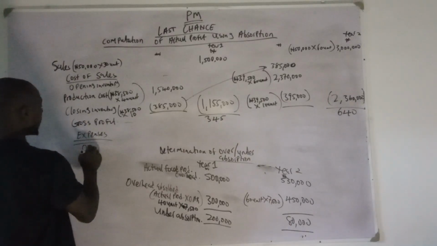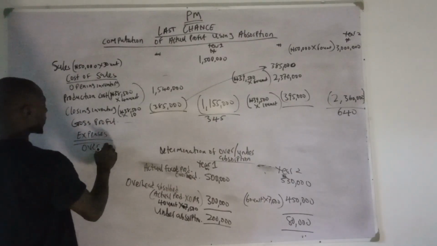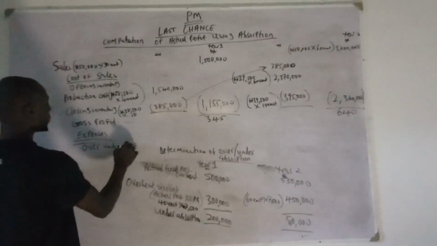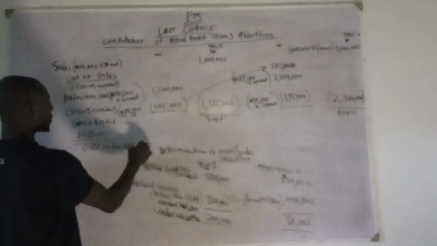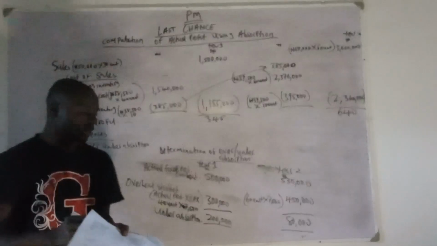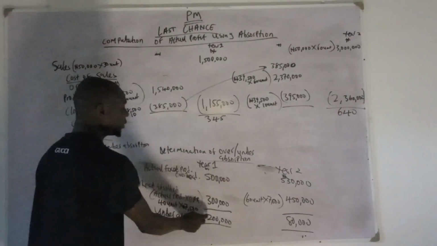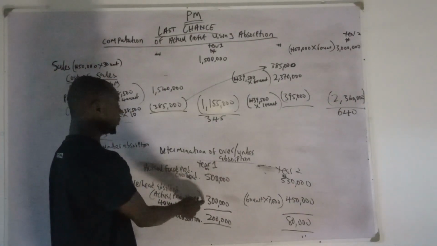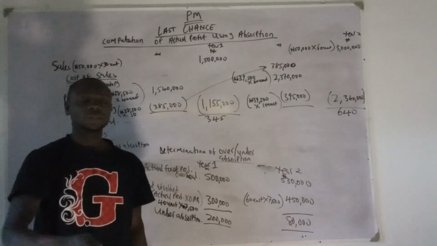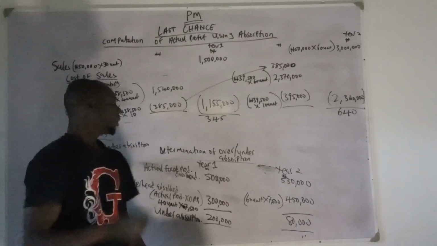So now we don't have that. So we have the under absorption. So it is a cost to the firm. So the cost needs to be sourced for them to be able to meet up with the 300,000 naira budgeted for, right?